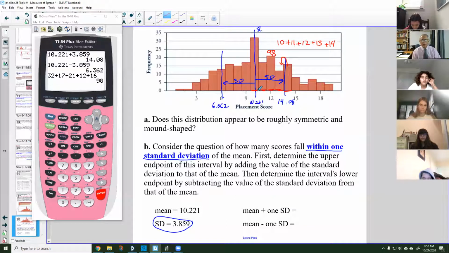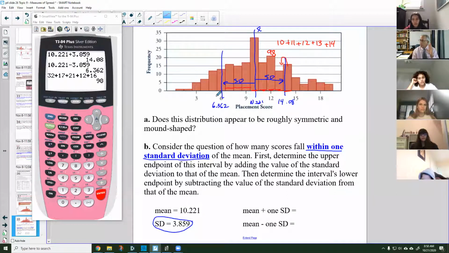And now we're not going to count the 10s again, but we're going to count the 9s, the 8s, and the 7s. We're not going to count the 6s because one standard deviation below the mean is 6.362. And if you got a 6, you're not within one standard deviation of the mean.